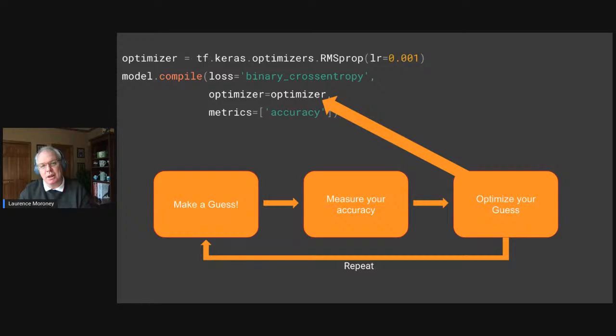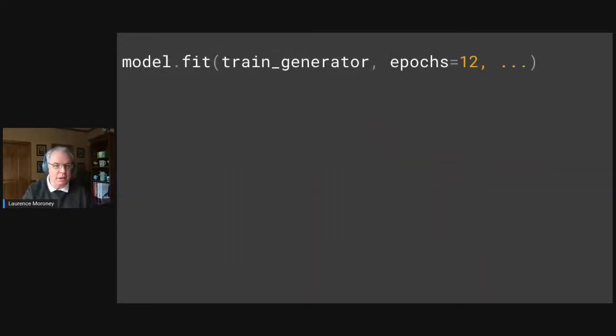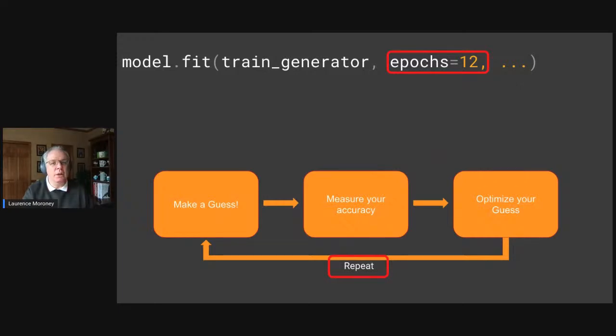Based on the results of the loss function and knowing the values in the filters, the optimizer will go, okay, I'm going to do the heavy-duty math here, usually something called gradient descent, to figure out how I can tweak those filters to make them better. In this case, I'm using one called RMSprop that you can see at the top of the slide. But similar to loss functions, there's a whole ton of optimizers, and depending on your model, it's worth trying a few different ones.